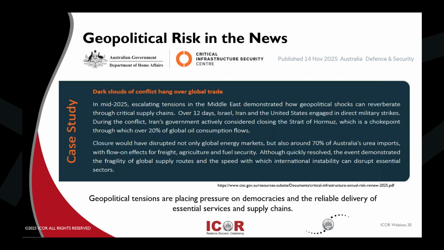Actually talking about fuel security, if you could have an impact of 70% of your energy. Although it was quickly resolved, the event demonstrated the fragility of the global supply routes and the speed with which international instability can disrupt those essential sectors.